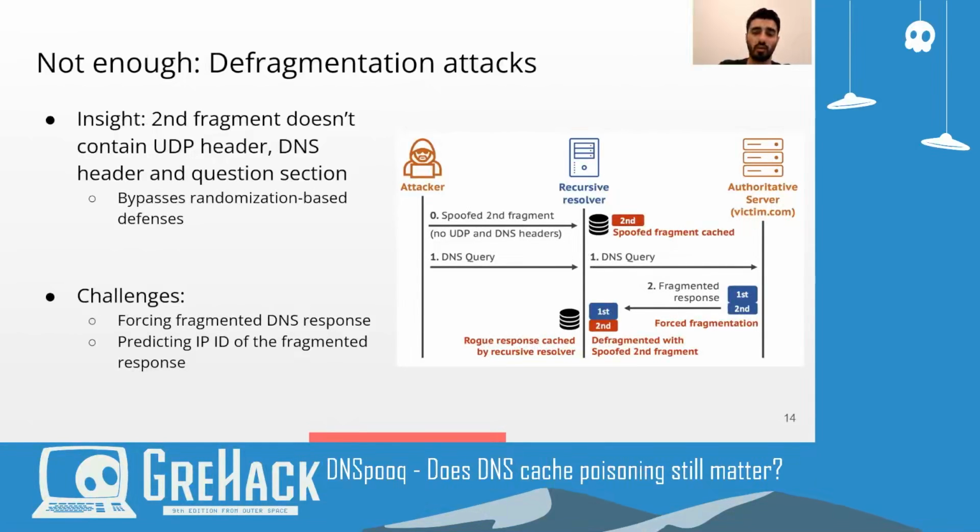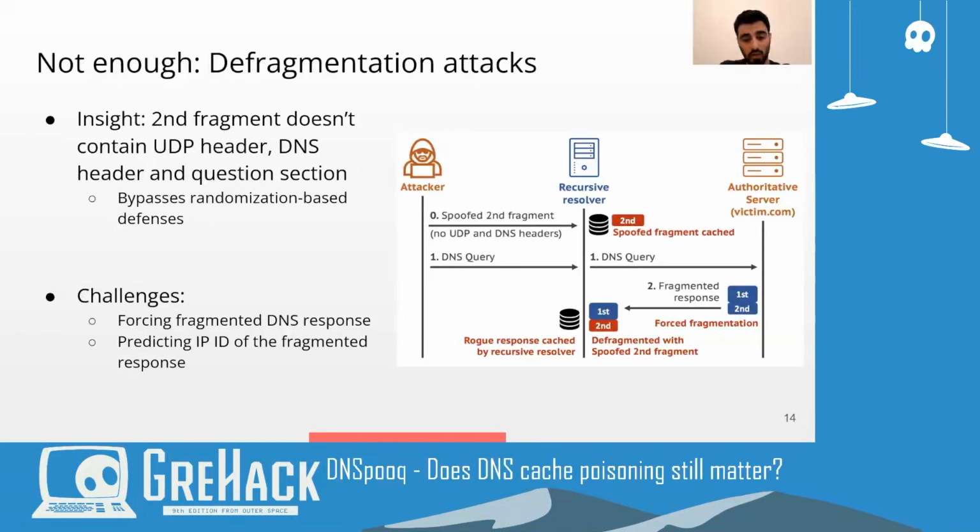When the first legitimate fragment arrives from the authoritative server, the recursive resolver will reassemble the two fragments into a single packet, because all fragments arrive from its perspective. And then the cache of the resolver will be poisoned, because the second fragment contains malicious answers.